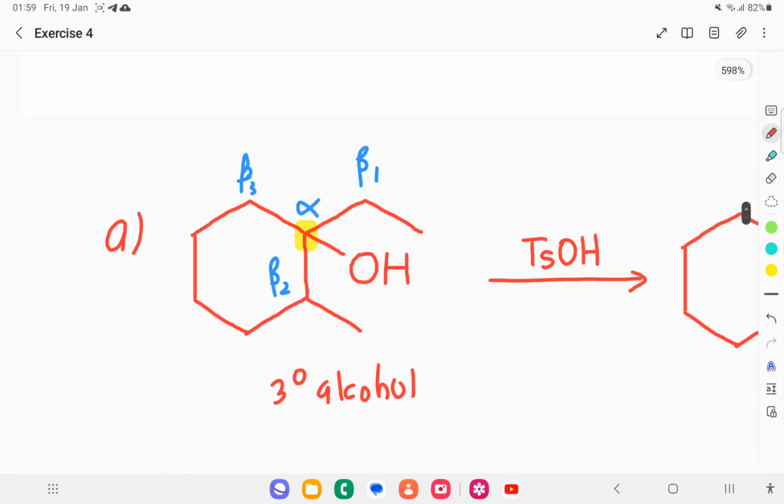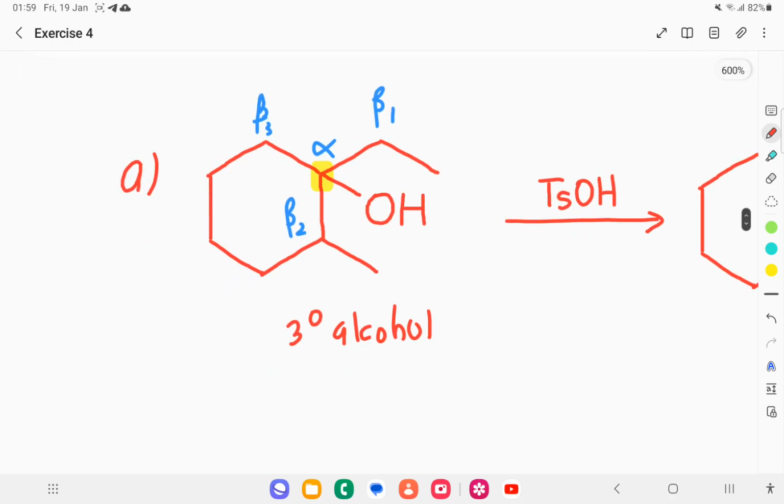For question A, firstly you are going to determine the beta carbon. Alpha carbon, in simple words, is the one attached to the OH, and the beta carbons are the carbons bonded to the alpha carbon. We have three different beta carbons in question A. This is the first beta carbon, this is the second beta carbon, and this is the third beta carbon.